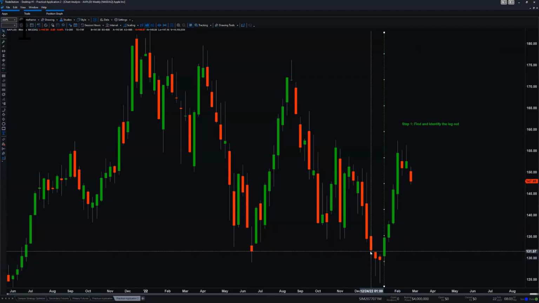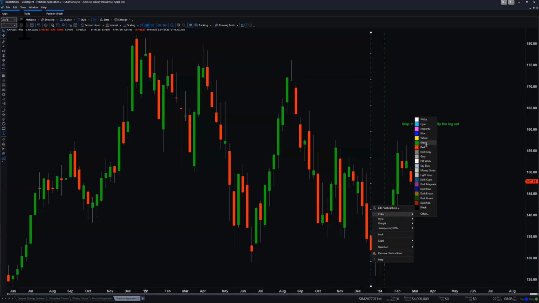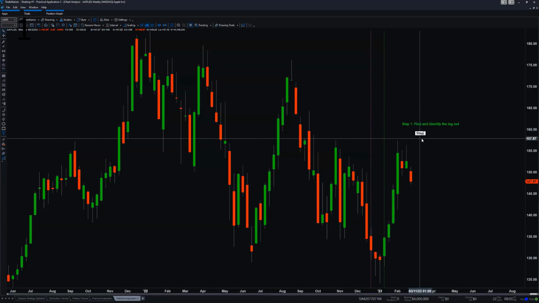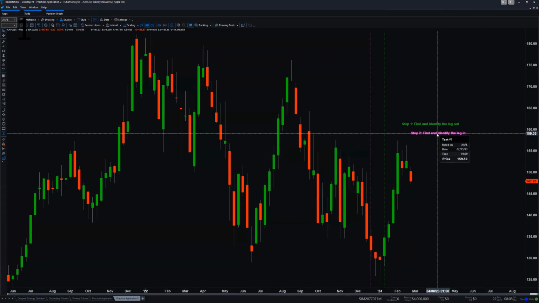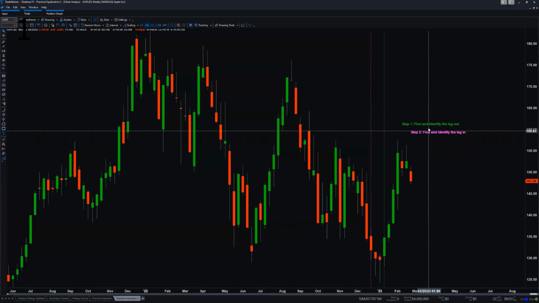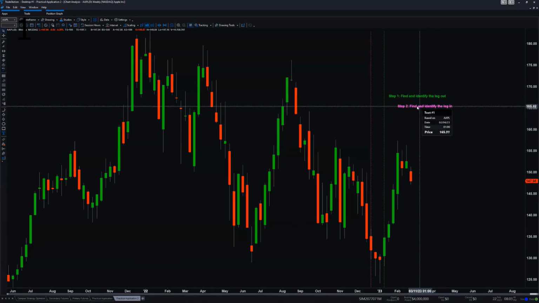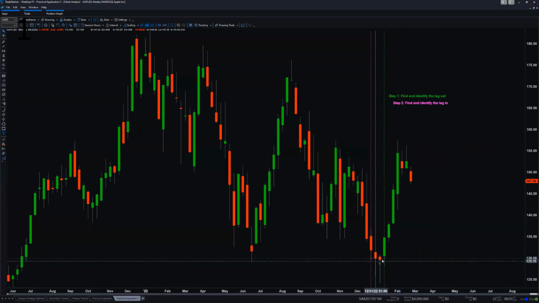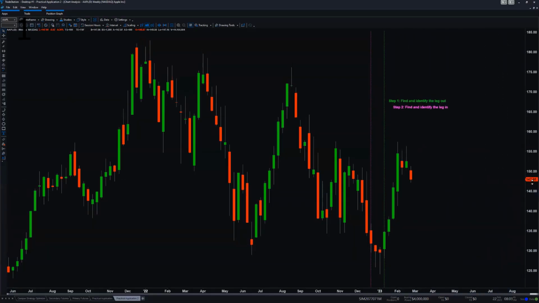And then we could only find a leg in here. So step two is find and identify the leg in. And in doing so, we isolated the base. Now what's left to do is we need to wrap our lines around the basing candles.